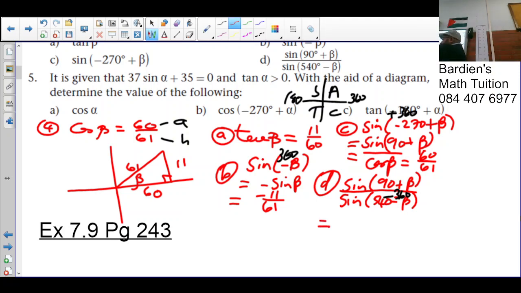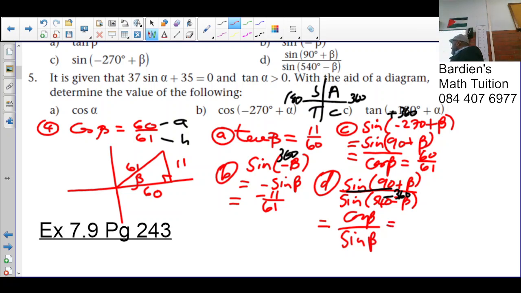So sine of 90 plus beta, which quadrant is that in? Second quadrant. Is sine positive or negative in the second quadrant? Positive. But changes to cos. It's cos beta over. But subtract 360, what do I get there? 180. Sine of 180 minus beta, which quadrant is that in? Second quadrant. Sine positive or negative? Positive. Sine beta.